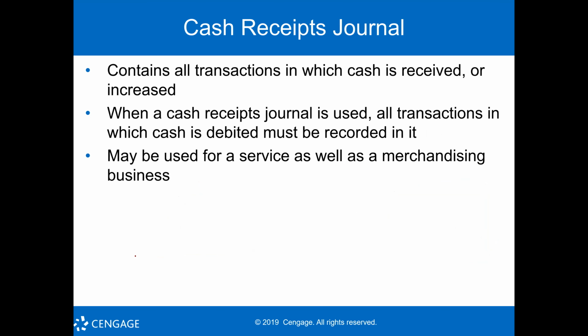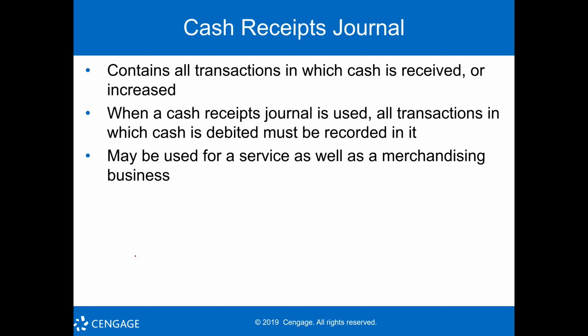Okay, so the cash receipts journal. The purpose of the cash receipts journal is that if we have several ins and outs and several cash receipts during the day, different transactions impacting cash, what we might do is keep a cash receipts journal that we can record each transaction in.